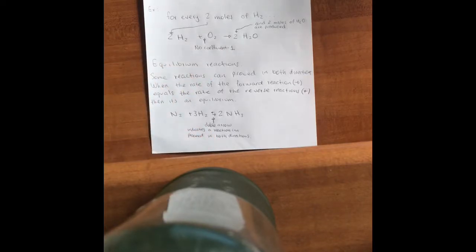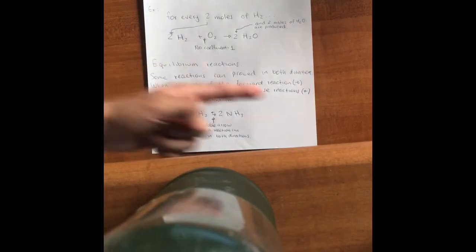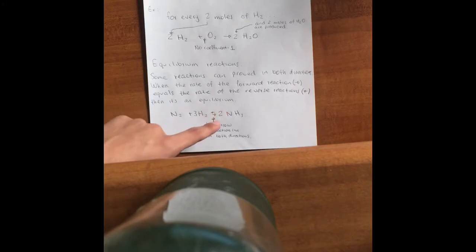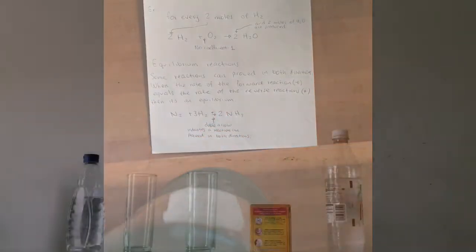The double arrow indicates that a reaction can proceed in both directions, so it can be an equilibrium reaction. And we can see that it transforms into NH3.